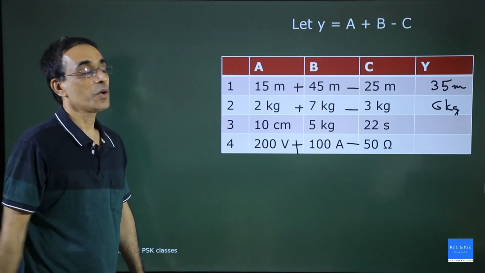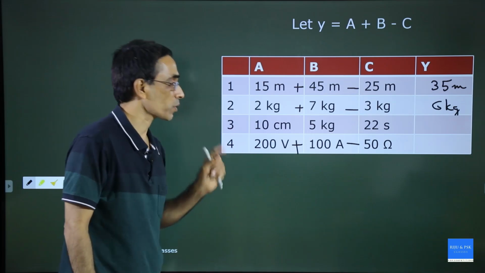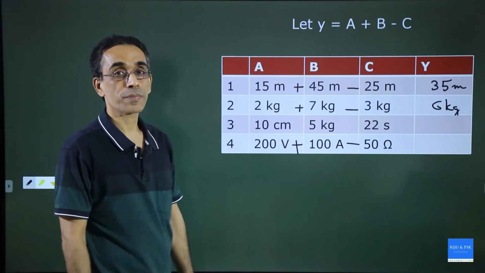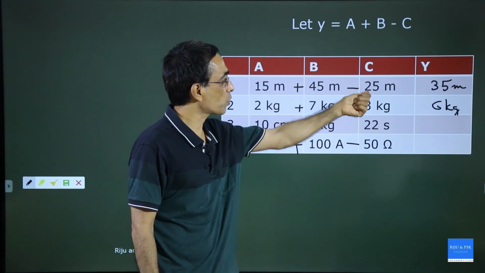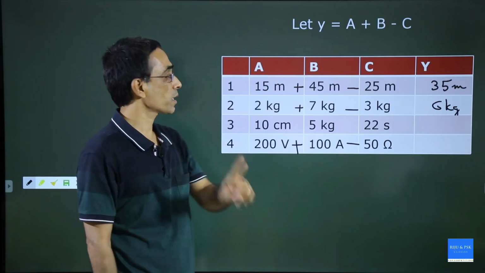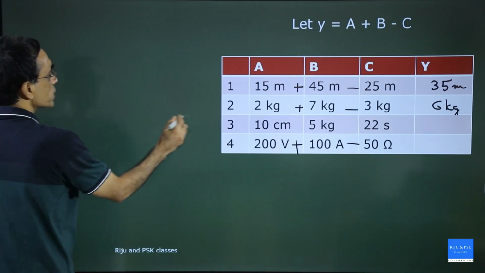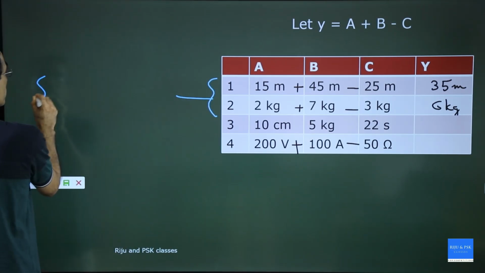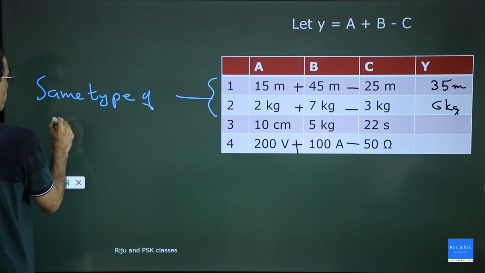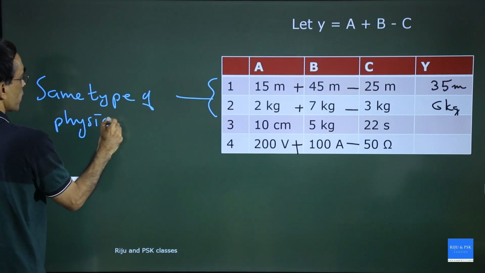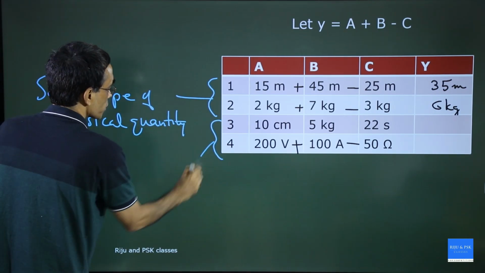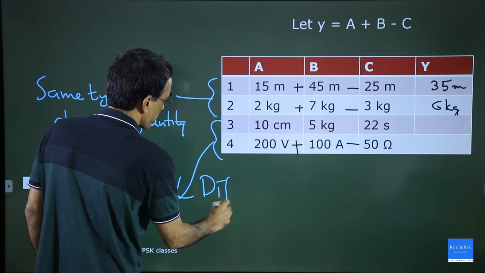Tell me why. Why can't we do 3 and 4? Why only 1 and 2? Then your answer is there with the unit. You will say the first 2 quantities have the same unit, meaning they are the same type of physical quantity. Whatever the last 2, these are different types.